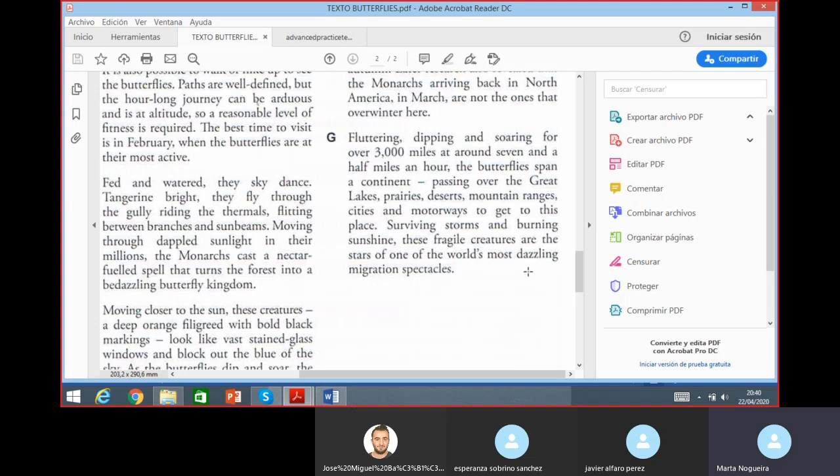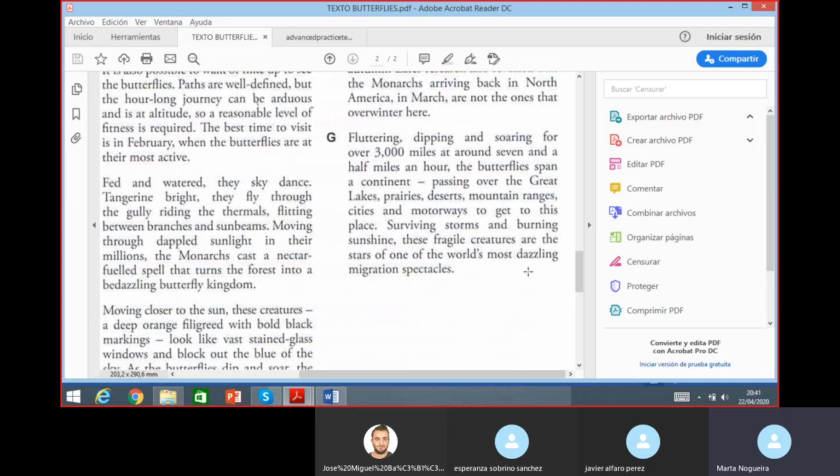Cities and motorways. Motorways, carreteras, ok. To get to this place, para llegar a este lugar. To get to es llegar. To get to this place. Survive in storms and burn in sunshine.